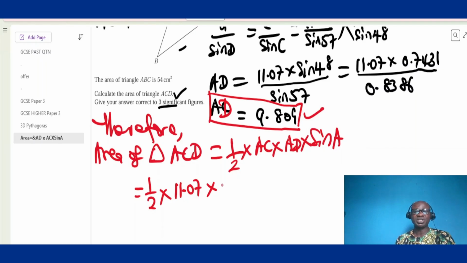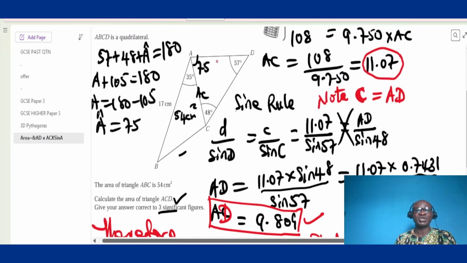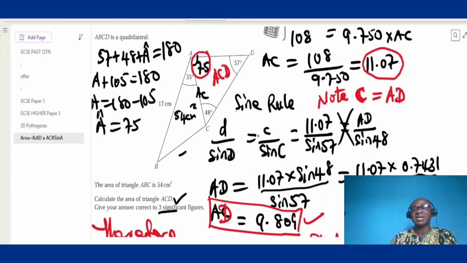So I will write 9.809. Then multiply by sine A, and that is sine 75. Let me show you again on the diagram. We are referring to this angle A, because this is the ACD triangle, and that is what we are finding the area of.